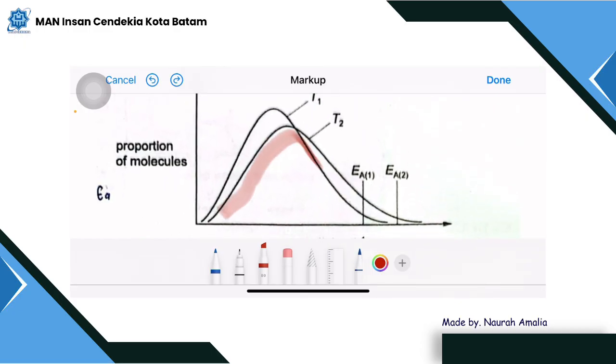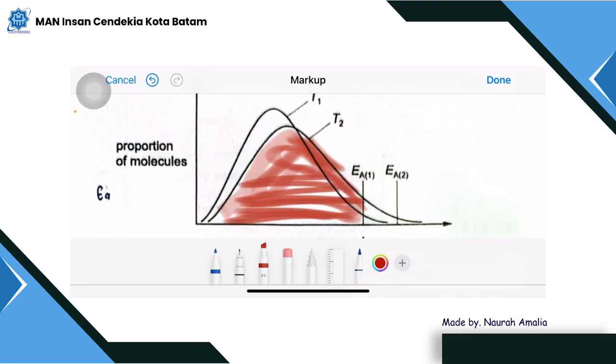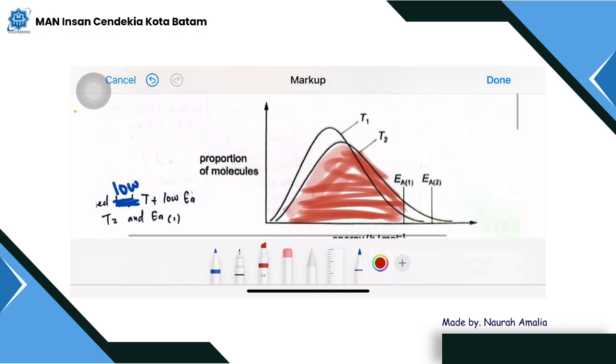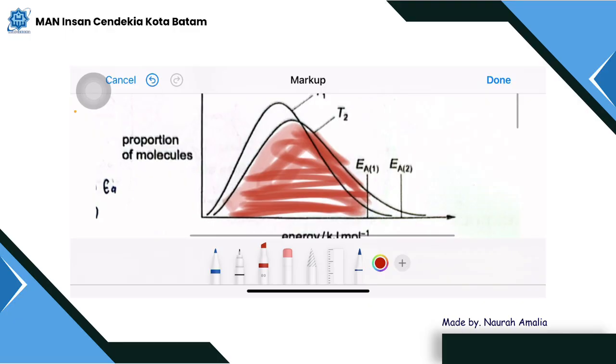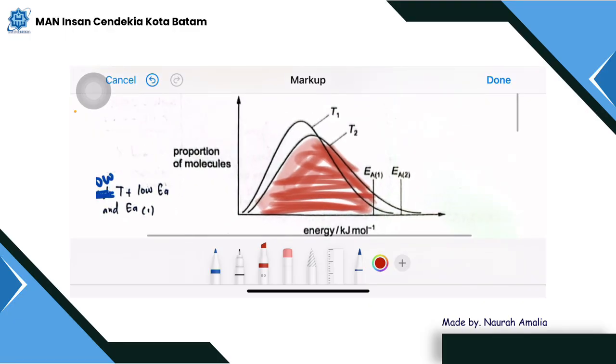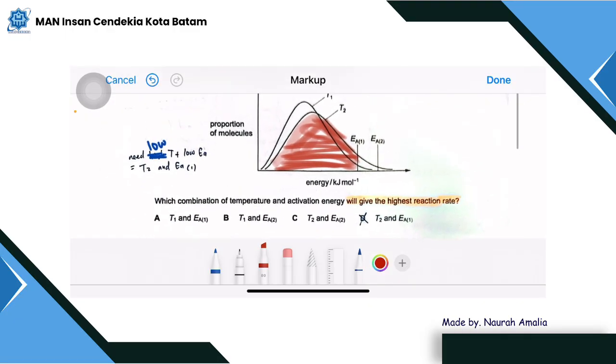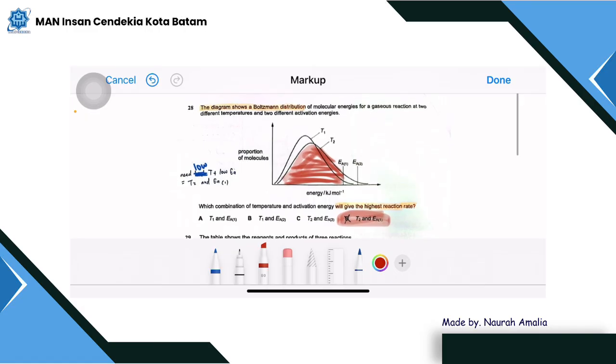It's supposed to be this one: lower temperature and low activation energy. From the options given, the correct answer is D, T2 and activation energy 1.